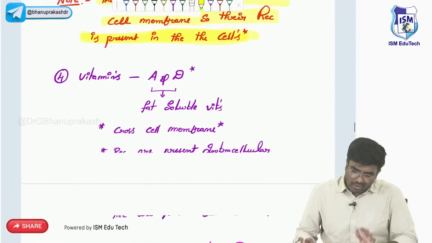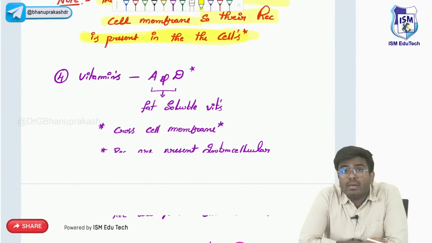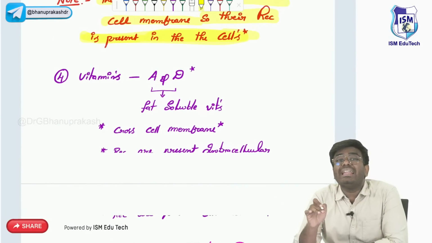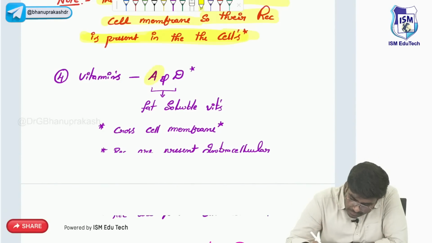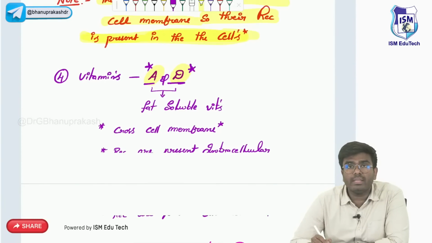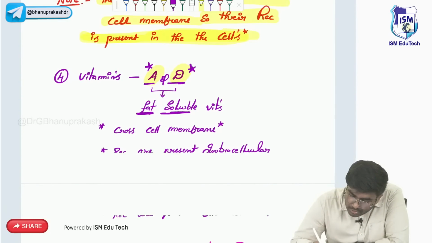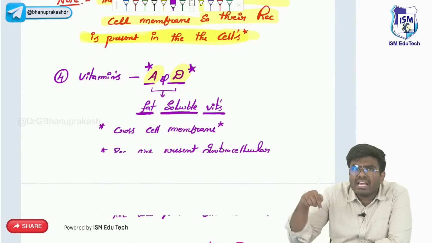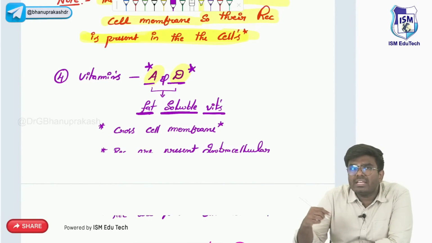Now after this, vitamins which act like hormones. There are vitamins which can act like hormones. What are those vitamins? Vitamin A and vitamin D. They are fat soluble vitamins, and they can act like hormones. As they are fat soluble, where are the receptors present?